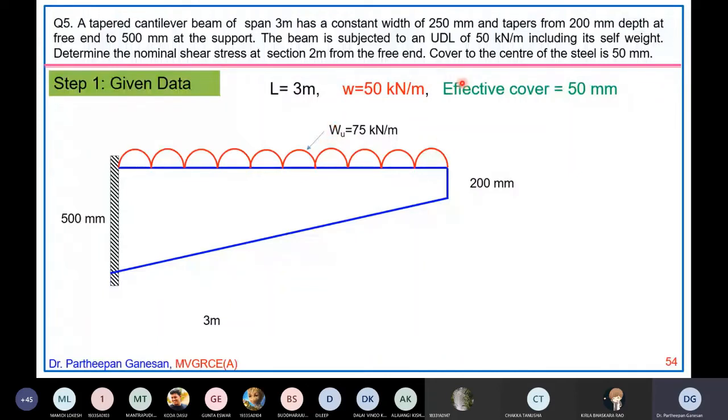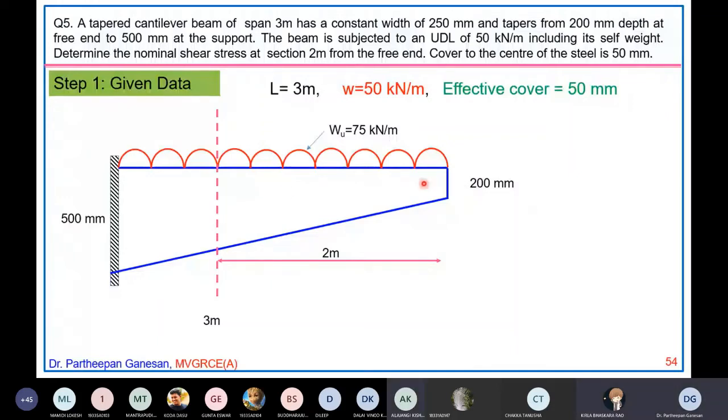Now you are being asked to determine the nominal shear stress at section 2 meter from the free end. So if you take a section which is 2 meter from the free end, what is the nominal shear stress developed at this section? Remember, now the depth: is it a uniform depth or a varying depth for this beam? Varying depth.